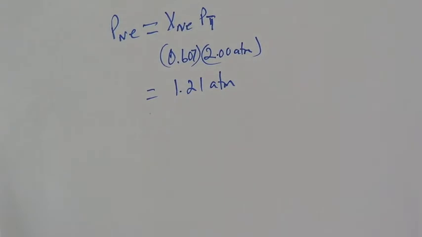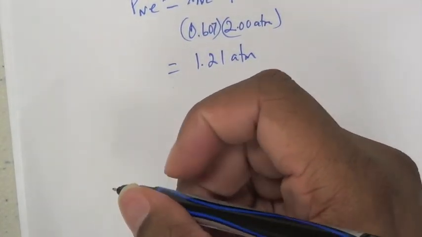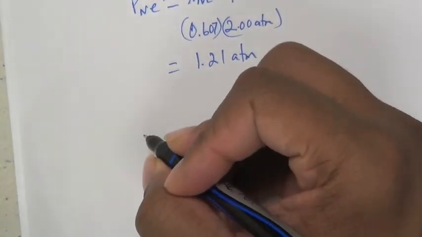So we got to do the same thing for the rest of the components. All right, so let's look at argon, which was 0.74. Let's find out the mole fraction.